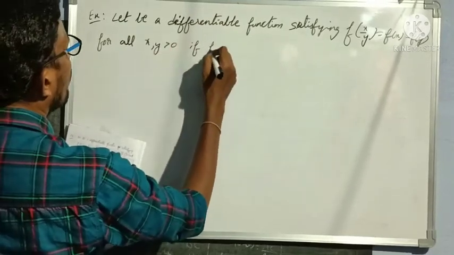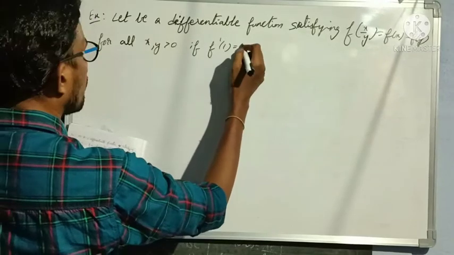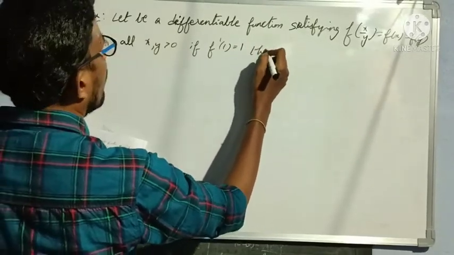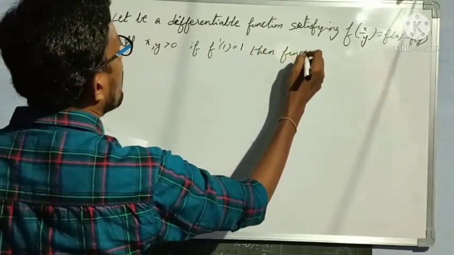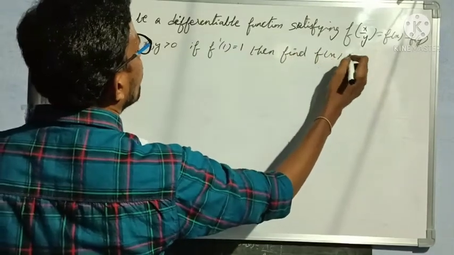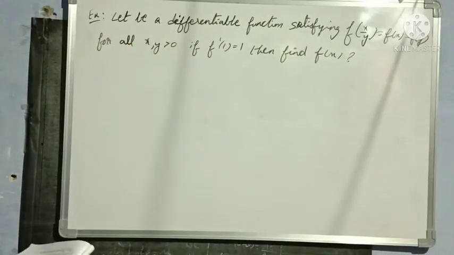If f dash 1 is equal to 1, then find f of x. This is the question.